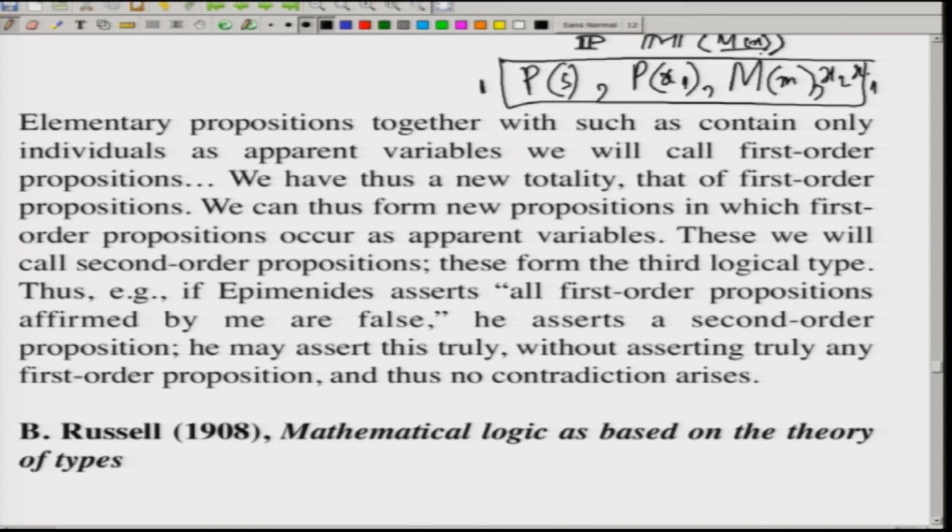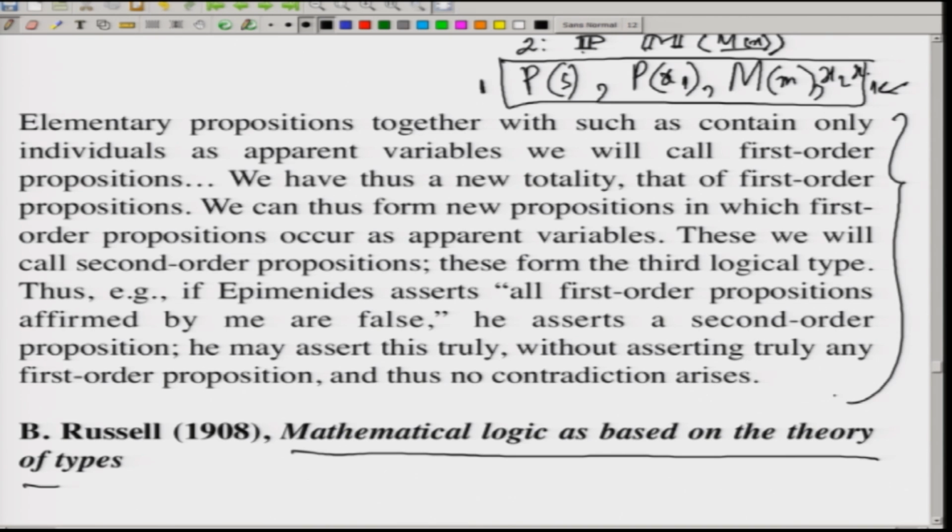So, it is a special way of treating propositions, but definitely this special P or special M will not belong to this level. So, it is level 2. This is the order Russell talks about, and then you can read this quote. It is from Mathematical Logic as based on the Theory of Types, which was published in 1908.